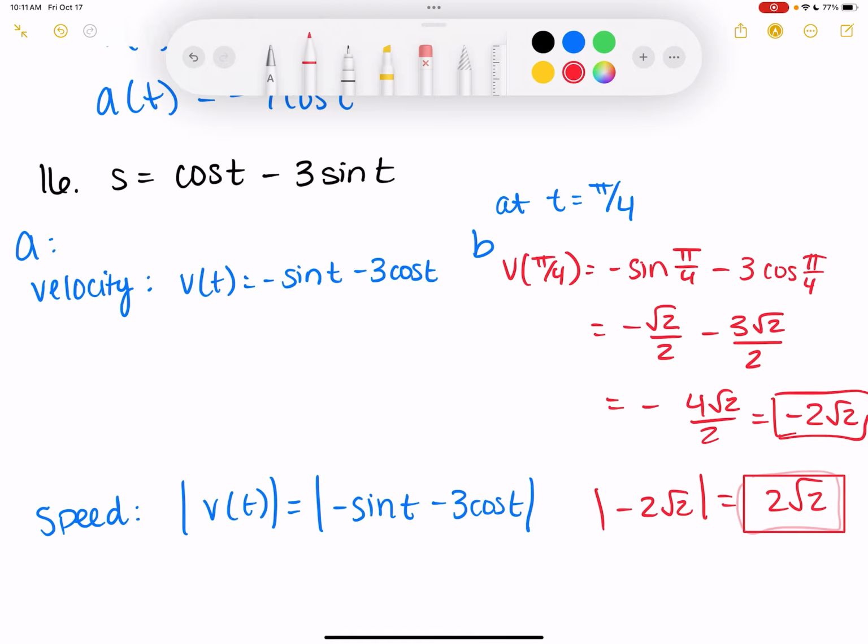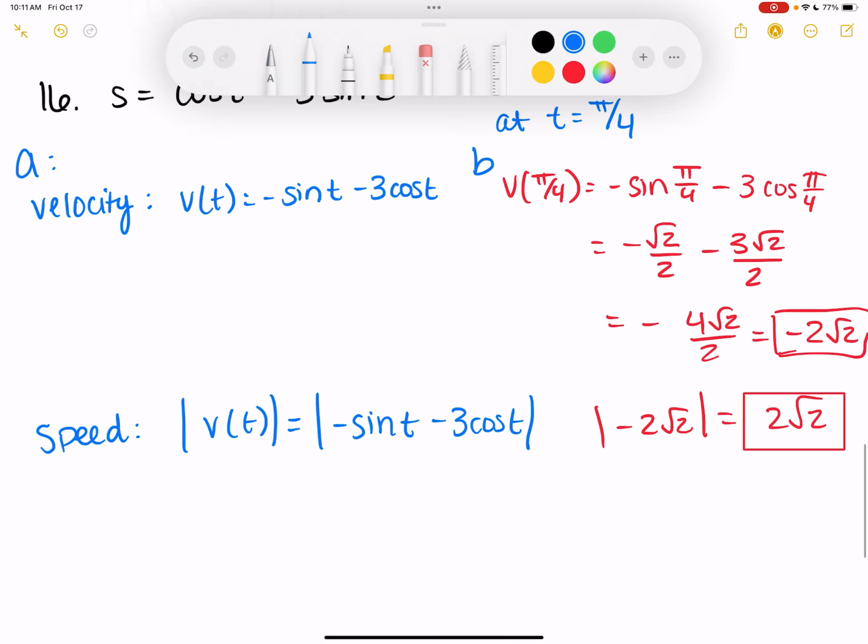And then lastly, acceleration, a of t. So, what's the derivative of the velocity function?